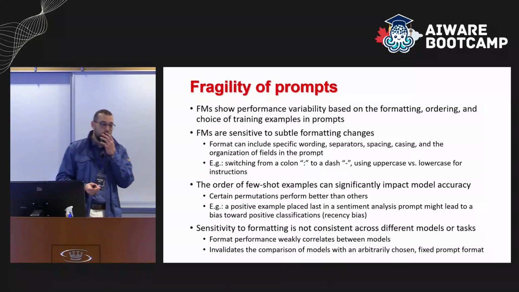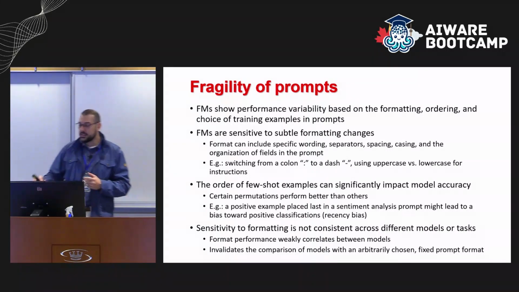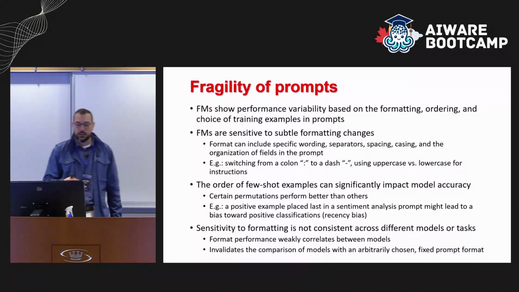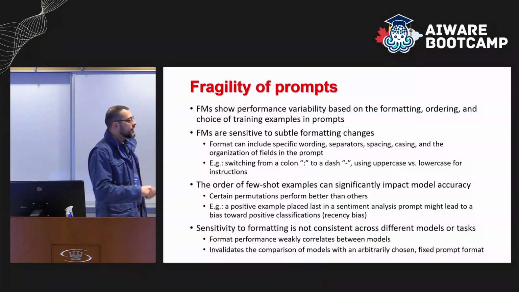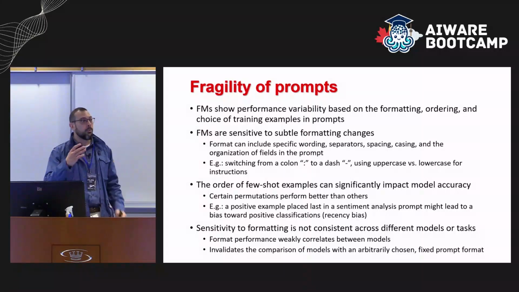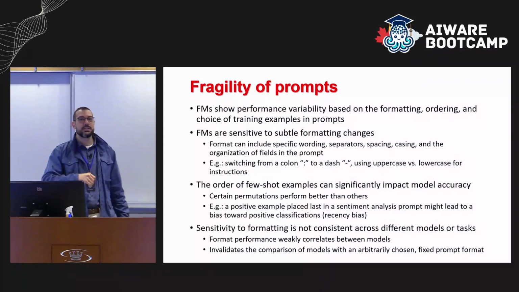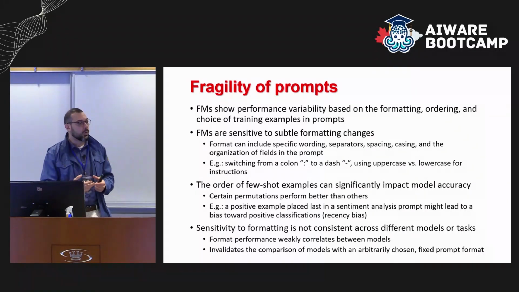Foundation models show performance variability based on the formatting, the ordering, and the choice of the training examples in the prompt. This idea of fragility is explored in the literature mostly regarding few-shot examples. There is a lot to be done in terms of understanding how fragility really works.